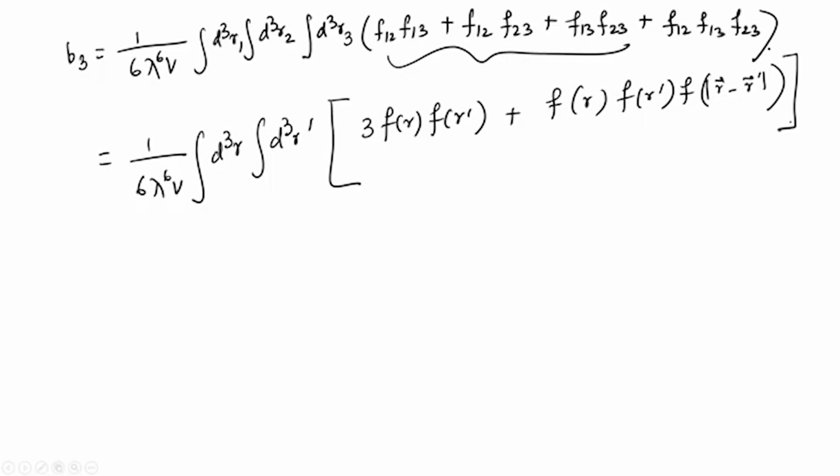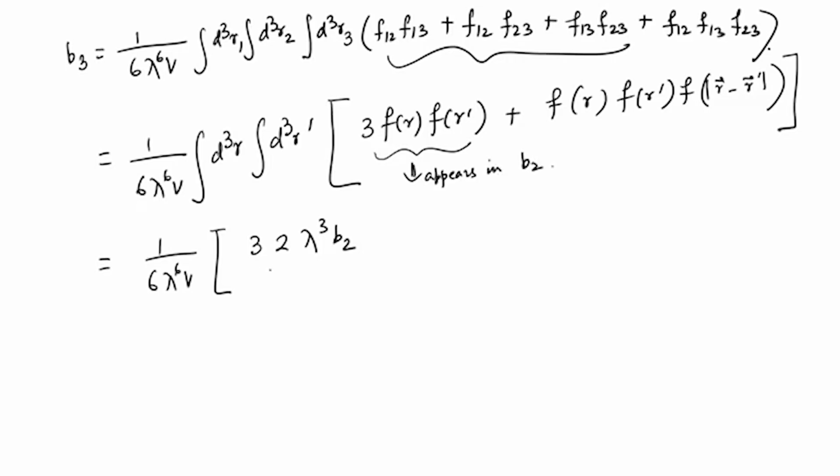Okay. So, this expression for B3 is nothing but equal to 6 lambda to the power 6 V, and then we can write this as 3 twice of lambda cube B2, because you see this expression appears in B2.